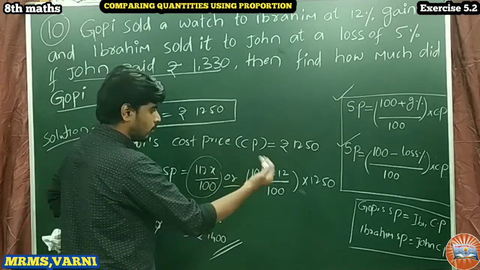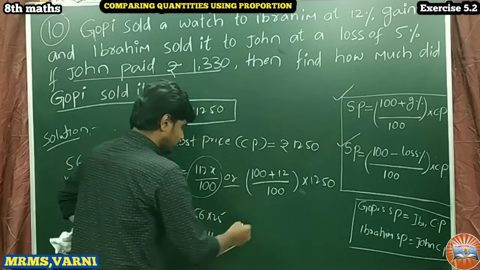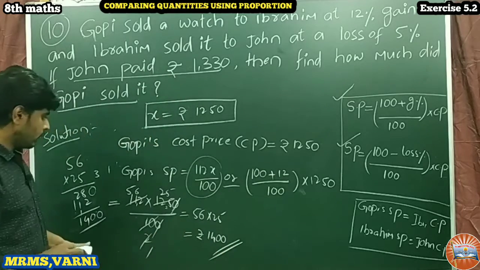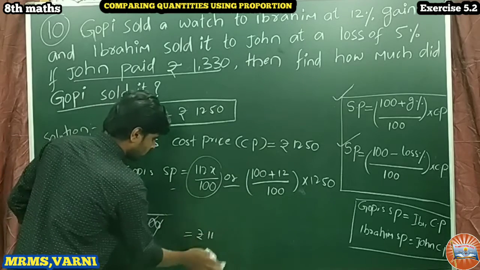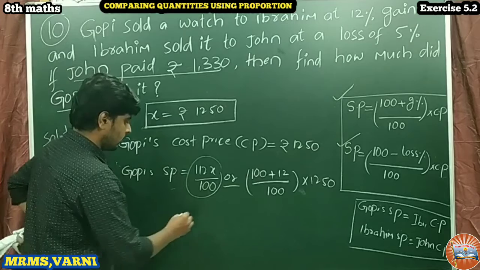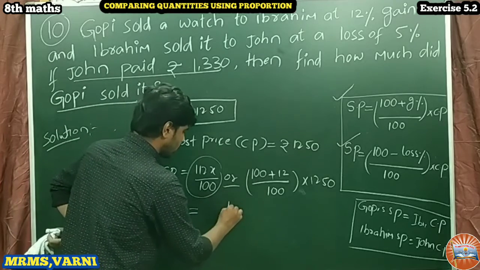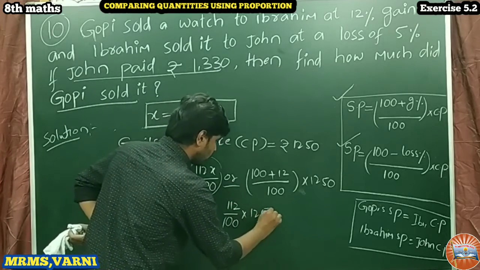If you substitute into the formula, again you will get the same answer. Let us try that. Shall I remove this? Yes. What we got already? 1400 SP. Shall we try for this? Yeah, this 112 by 100 into 1250.